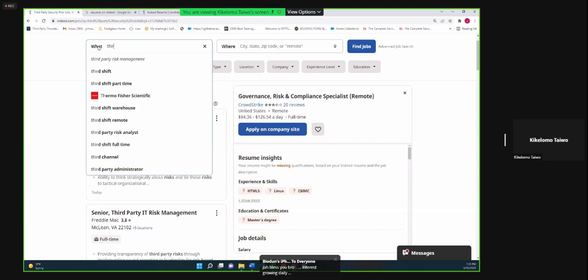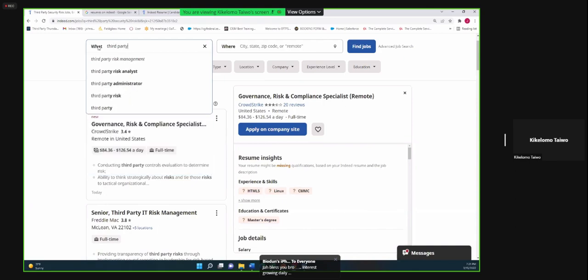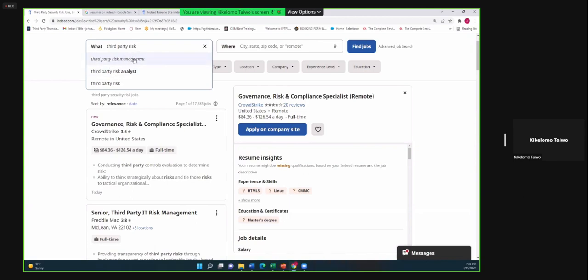You can search for third-party risk, either management or analyst, either way. But I try to put in management. The management will pull out all this, the analyst side of it too. I can also search for vendor risk.